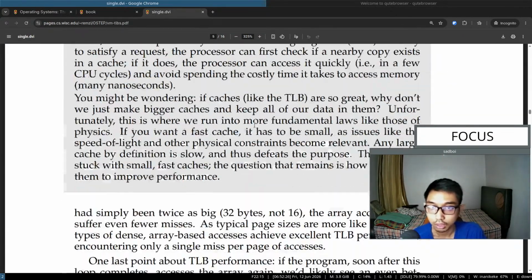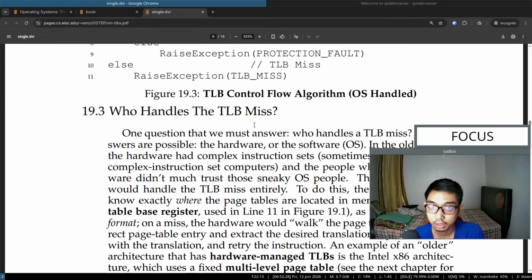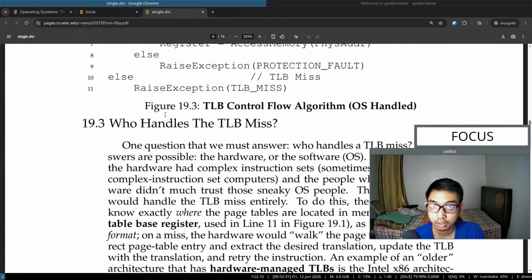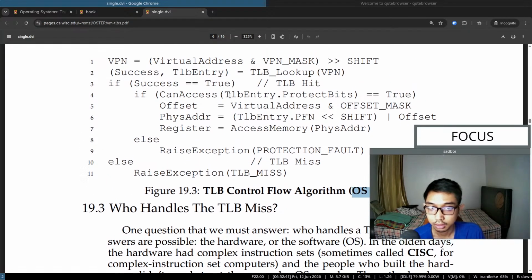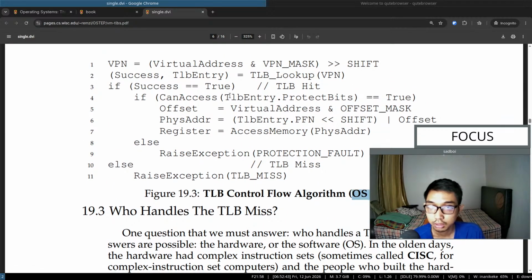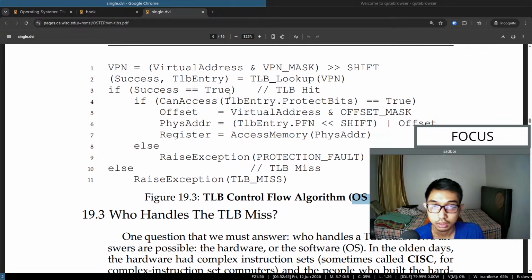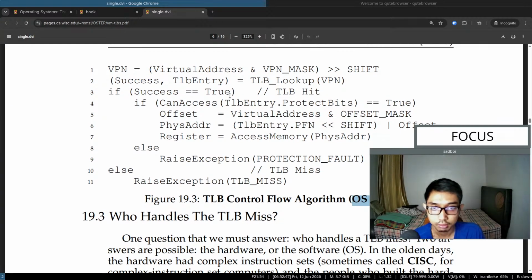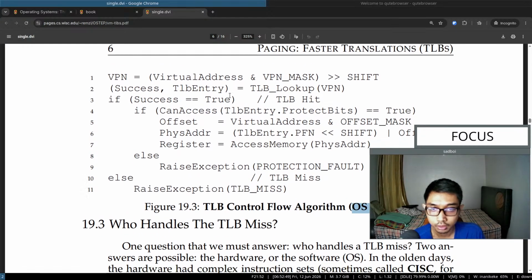And the figure 19.3, this one is the translation lookaside buffer when the operating system handles the, what is it? The translation lookaside buffer lookup. Maybe something like that.